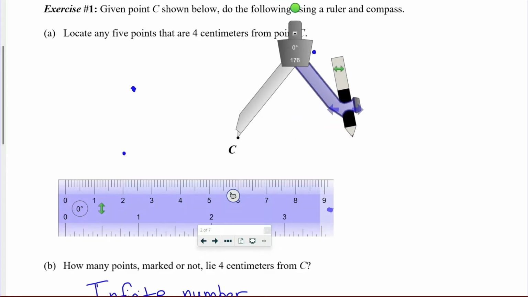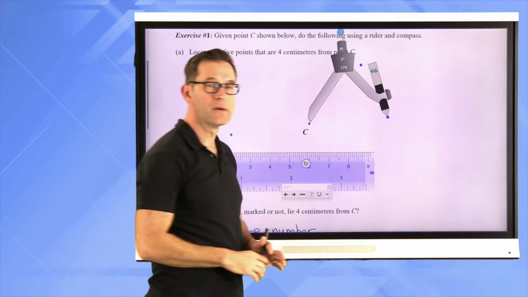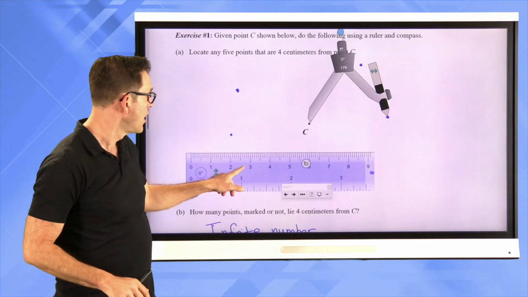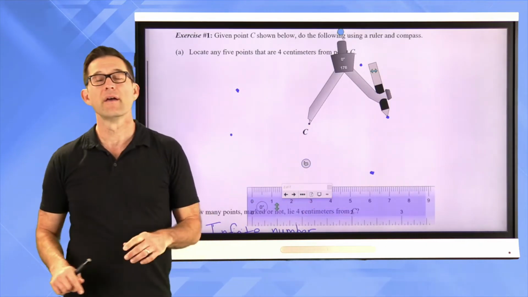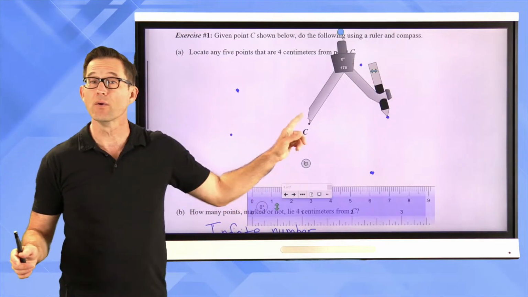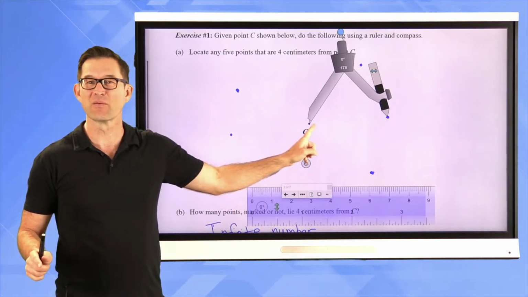So all I have to really do is open up my compass, right? A compass is what we're going to use to draw circles. So I put the pointy part of my compass at my center point.